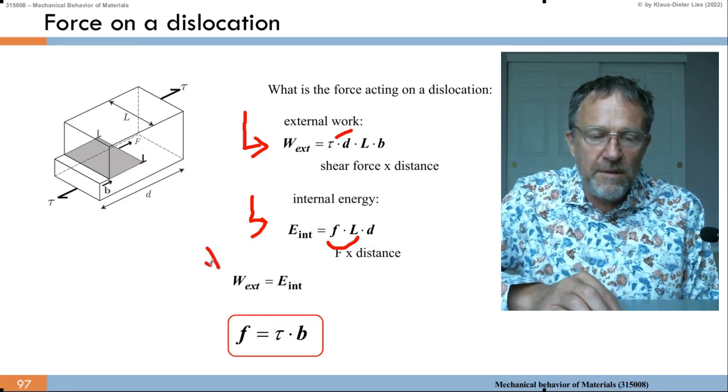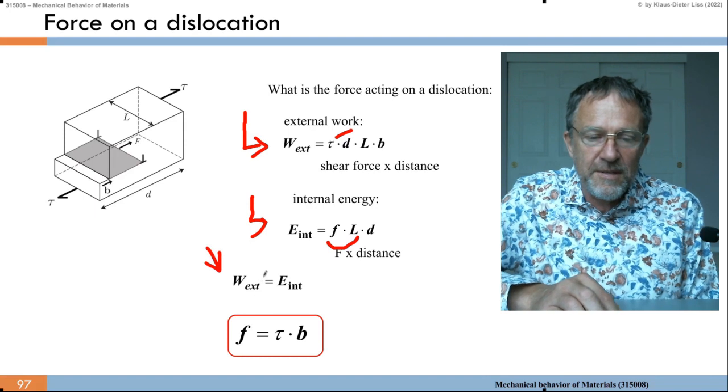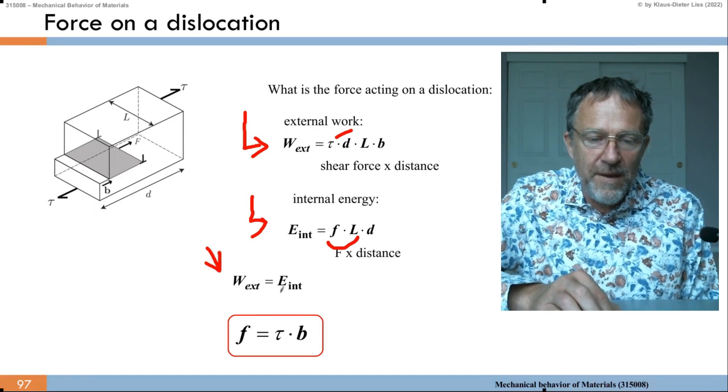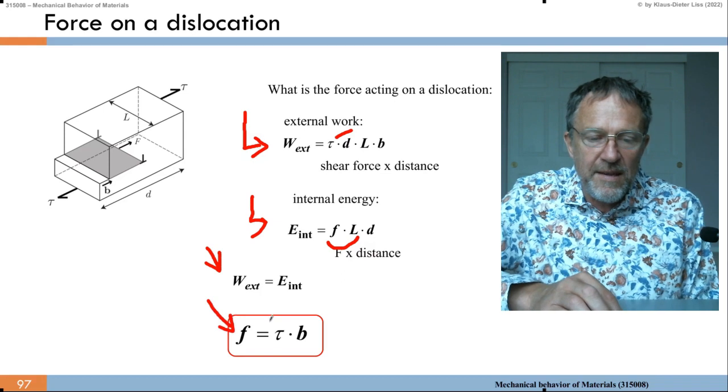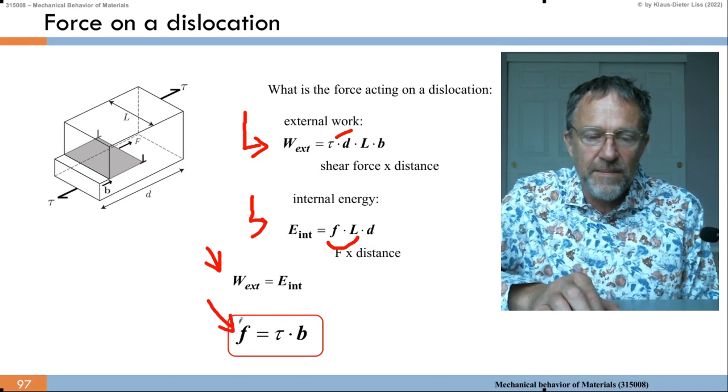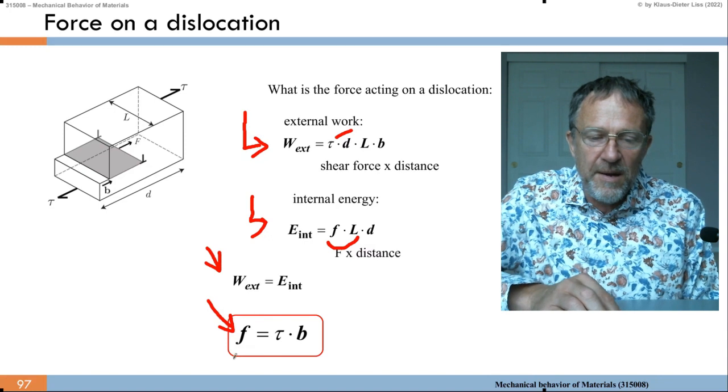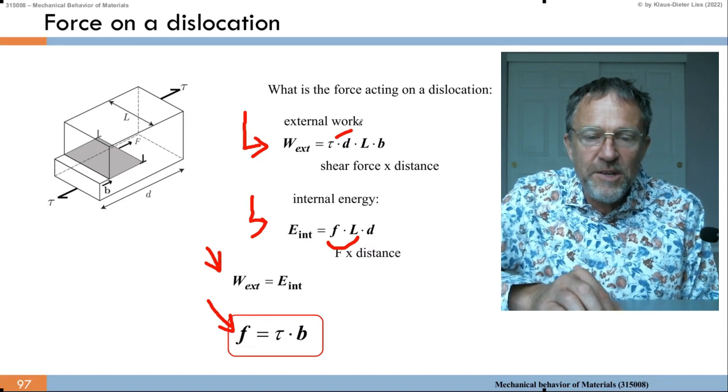And then we put the two equal. So the external force equilibrates the internal force, and we get F equals tau times B. Very simple formula. Tau is the shear stress, the applied shear stress.